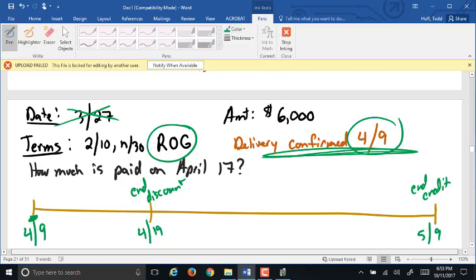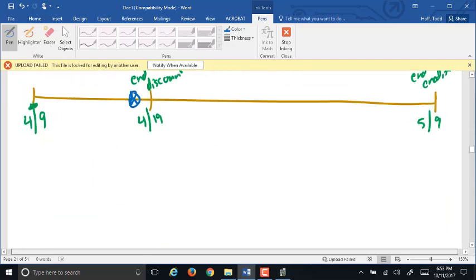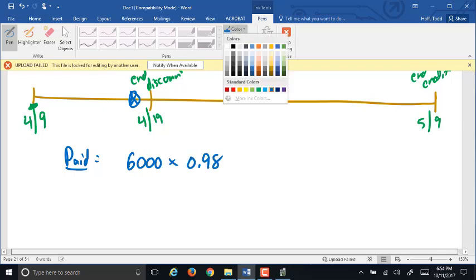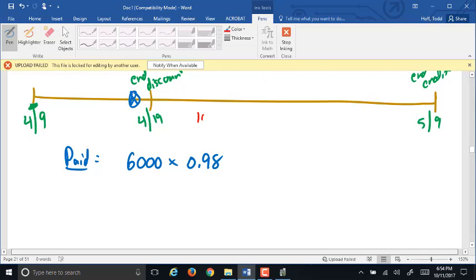It's paid on April 17th, so they get 2% discount. So we're going to take $6,000 times what? 0.98. Now I'm going to pause for a second. 100 minus the 2% discount is 98%.